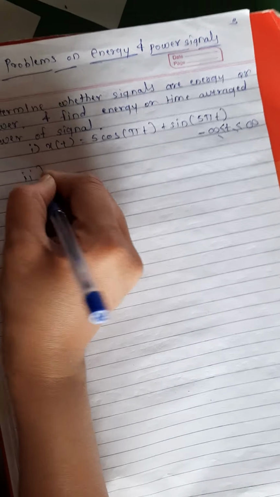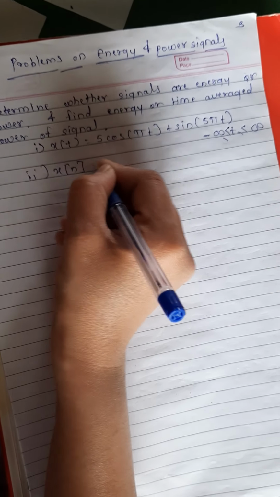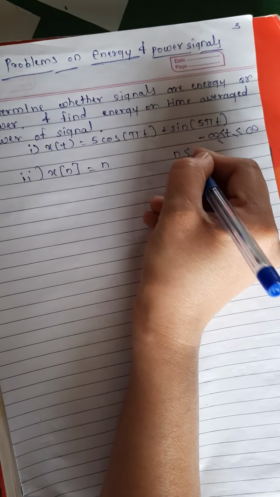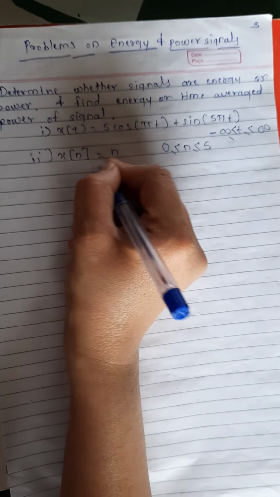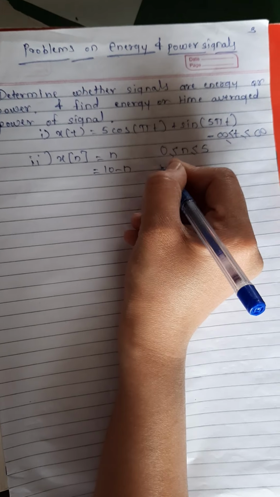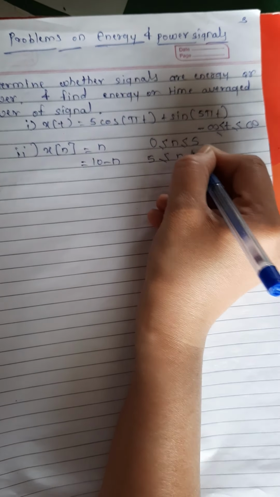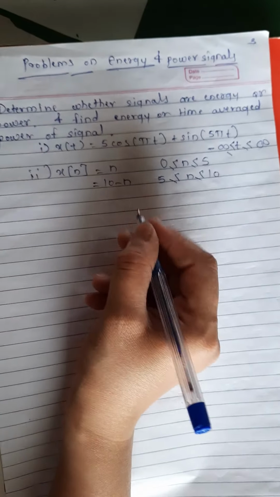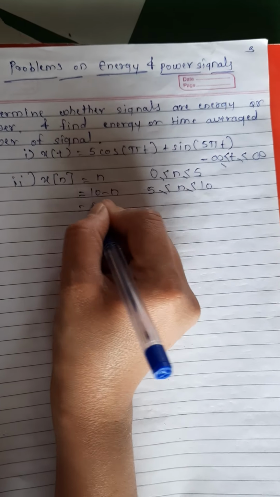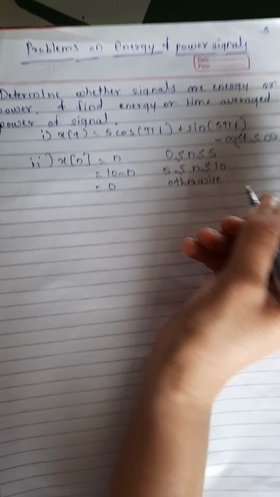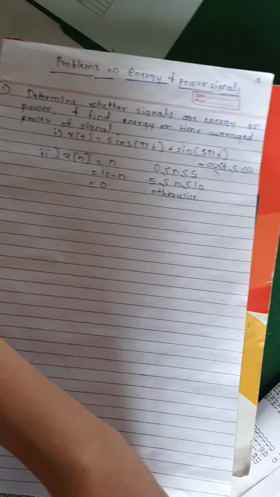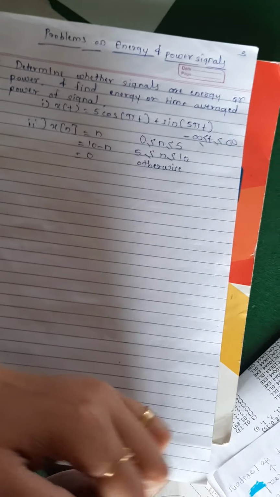And the second problem is x of n, where n is between 0 and 5, its value is n; it is 10 minus n if n is between 5 and 10, and it is 0 otherwise. So we have to find whether the given signals are energy signals or power signals.